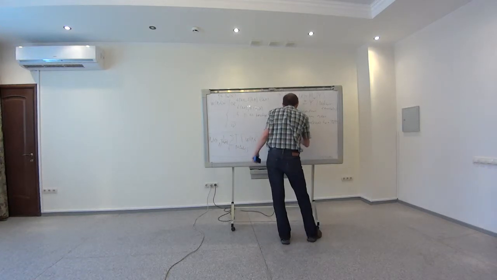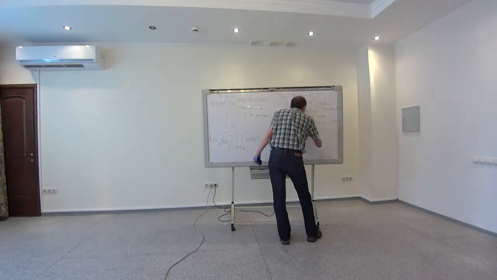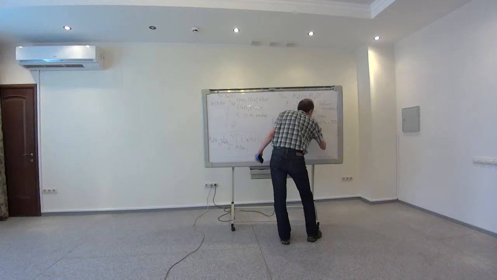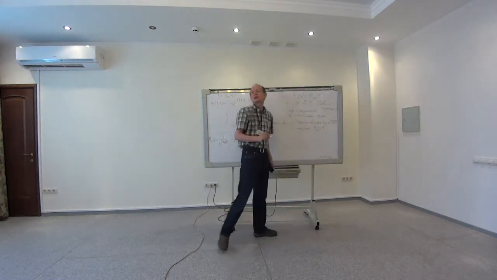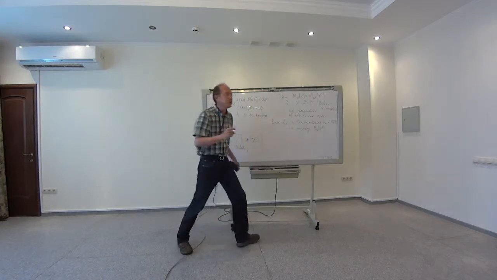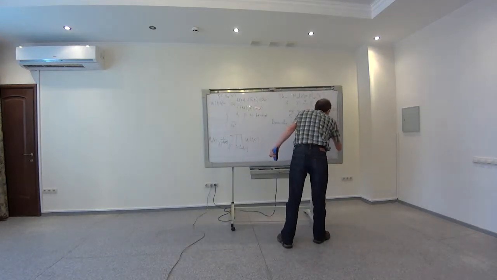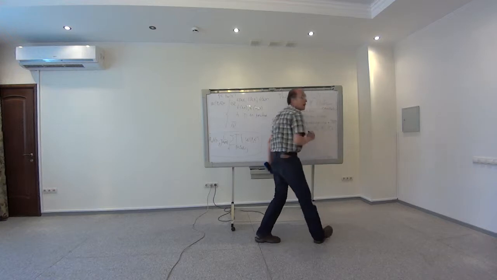And the second is that it is unitary in the sense that M omega of X star, where star means opposite orientation, is M omega of X complex conjugate.